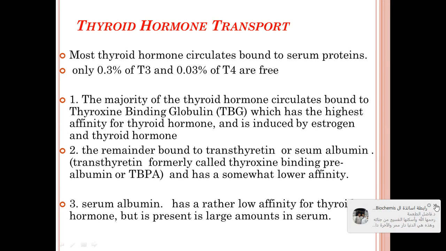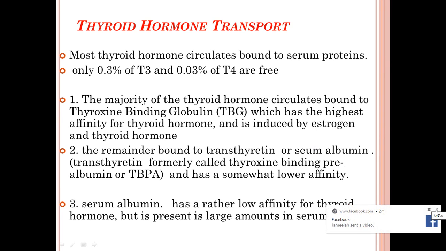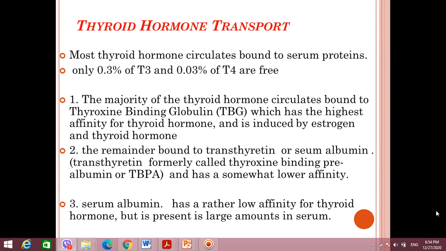Also we have the serum albumin, which has lower affinity for thyroid hormone but contains a large amount, meaning its reserve is high. So the thyroxine binding globulin has the highest affinity, and the albumin has the largest capacity, and albumin usually has low affinity.